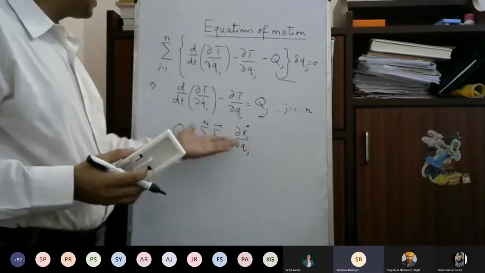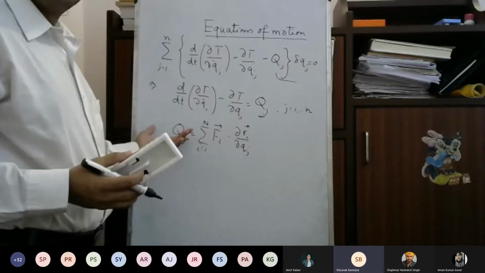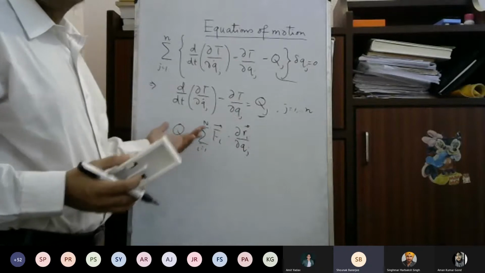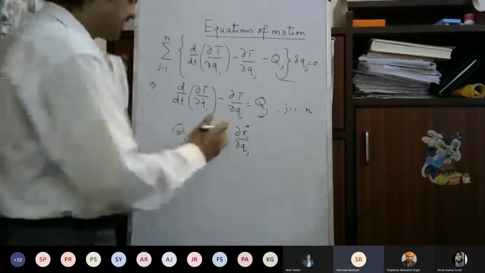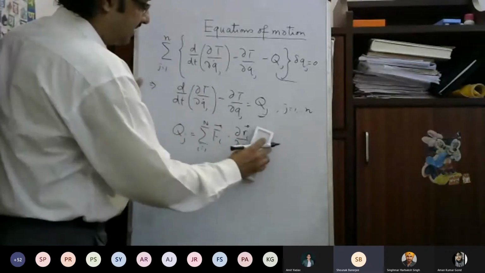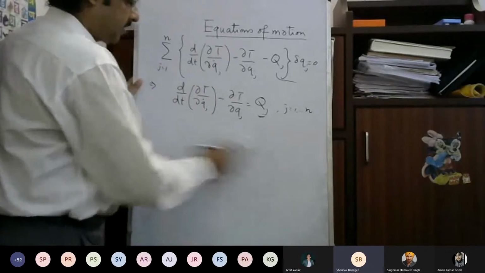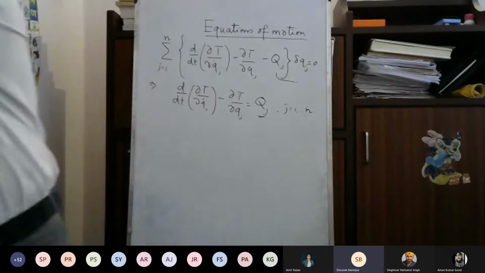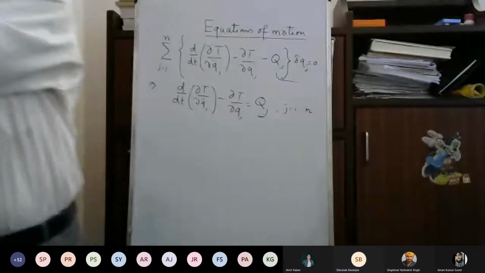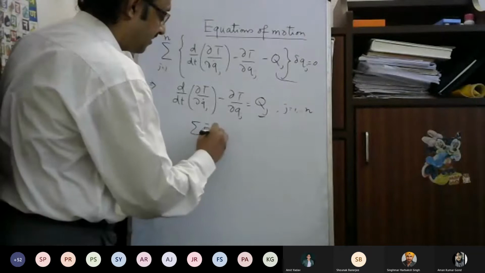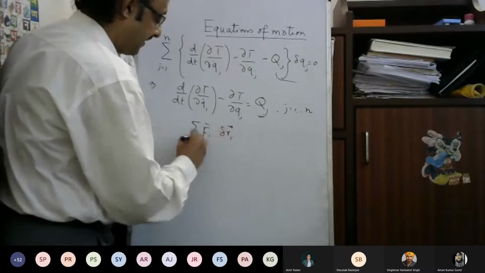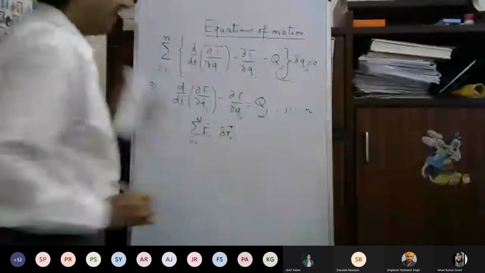Why is this equation like that, this Qj? Which equation are you talking of? The Qj. Because what was Qj? In the derivation I had the sum over i equal to 1 to n of Fi dot delta Ri.